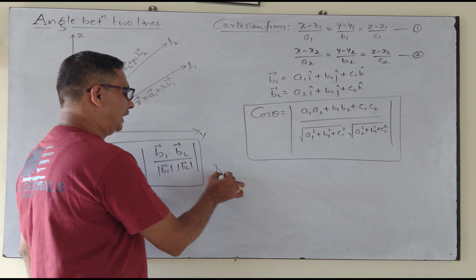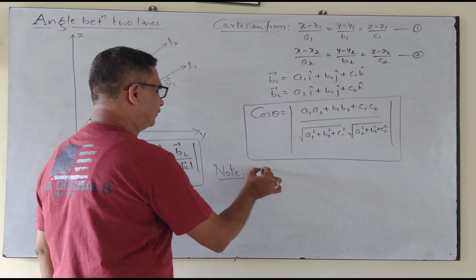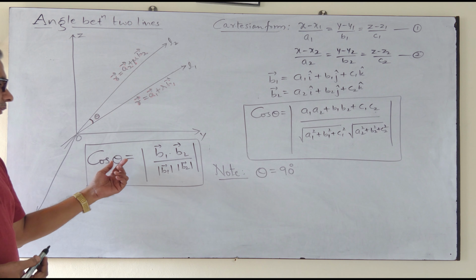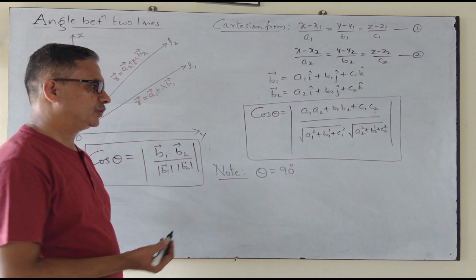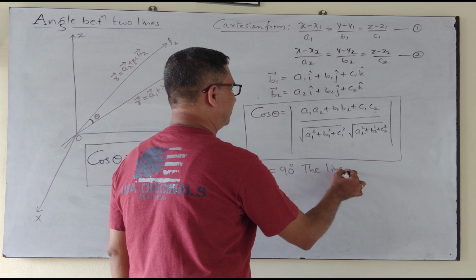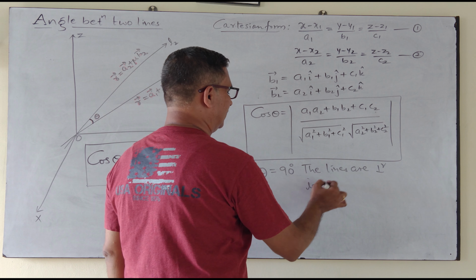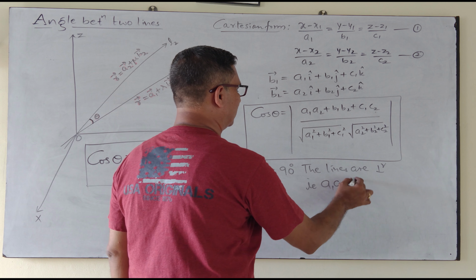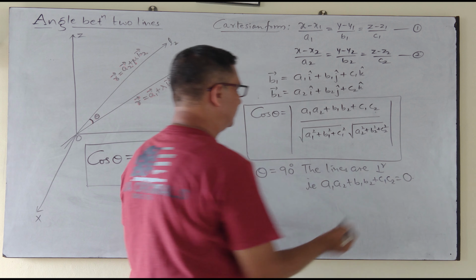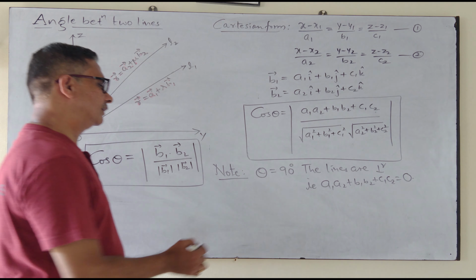Okay, note that after finding the angle, suppose if angle theta value is 90 degree, solve ಮಾಡಿದಾಗ ನಮ್ಮ angle theta 90 degree ಬಂದಿತ್ತು ಅಂದ್ರೆ then the lines are, remember, perpendicular. That is a1 a2 plus b1 b2 plus c1 c2 becomes 0. That is dot product is equal to 0. Remember.